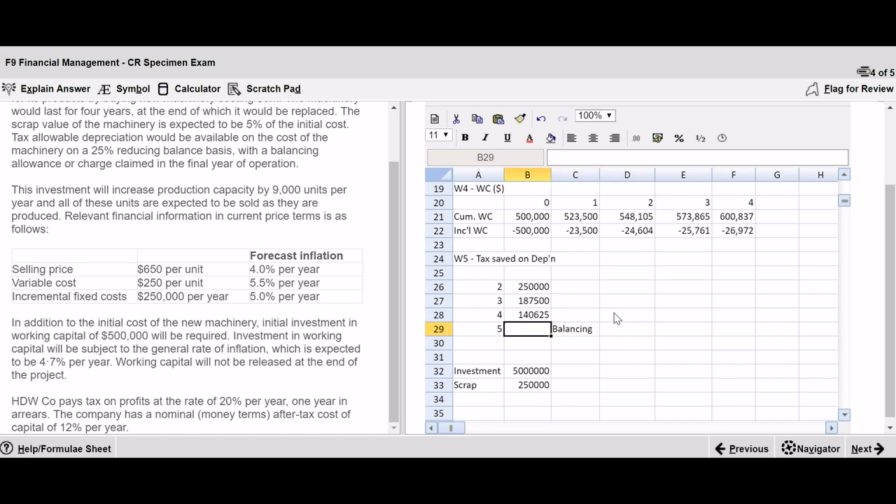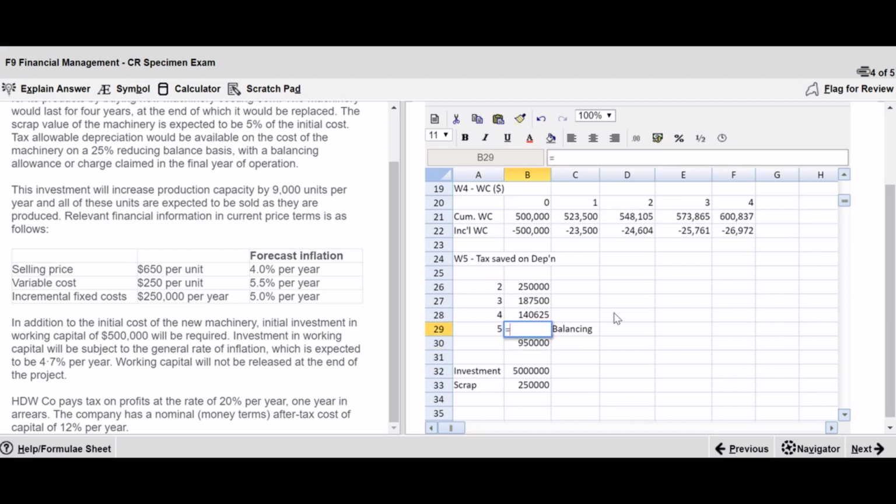But to find that balancing figure here, we need to work out the total tax saving on total depreciation. So let's just think about that. So what is the total depreciation here? It is B32 minus the B33. That gives you total depreciation, and the tax rate is 20%. So that gives me total tax saving on total depreciation.